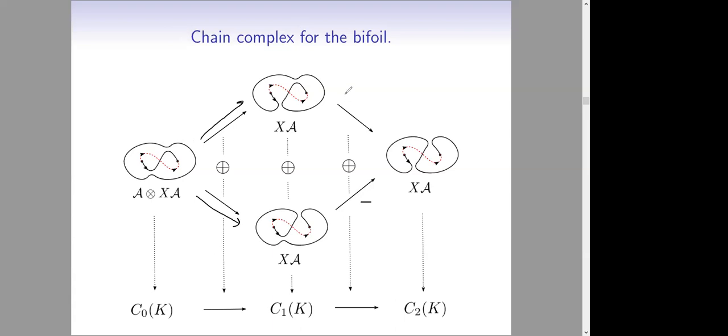Now, here something interesting happens, which only happens in knotoids. We had a segment component, there is one component here. We changed a crossing, but then we still have one component. So what happened is that we went from a segment component to another segment component. And the same is true here.